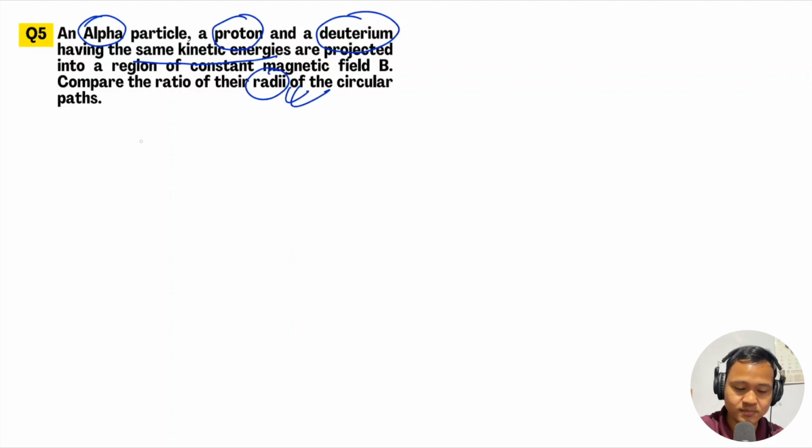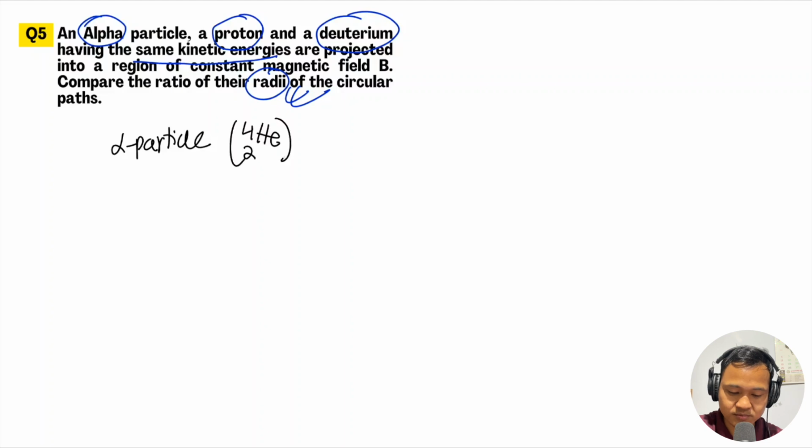The alpha particle is a helium nucleus. The proton is H plus.